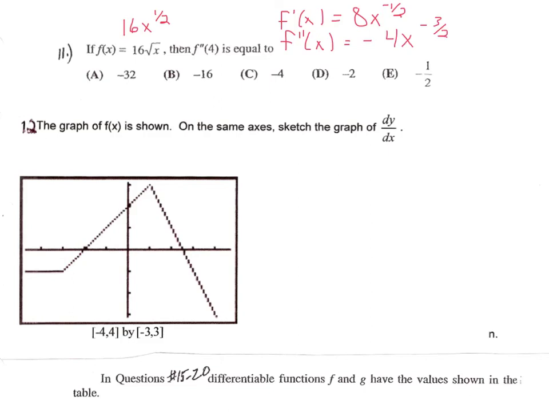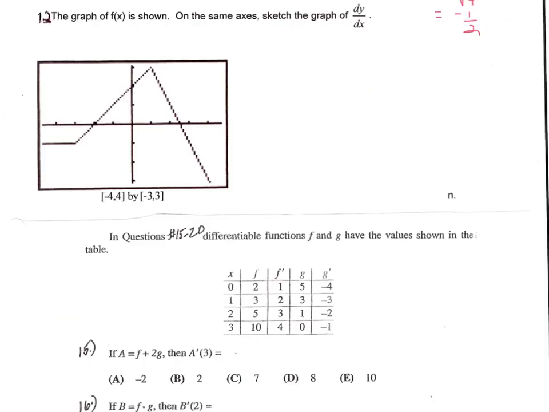So then if I plug a 4 in, well, let's rewrite it as negative 4 over x to the 3/2. So if I plug in a 4, I will get negative 4 over the square root of 4 cubed. And the square root of 4 is 2. 2 cubed is 8. So that will be a negative 1/2, which is choice E.